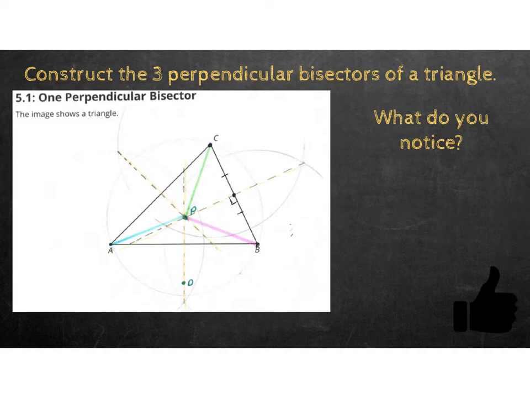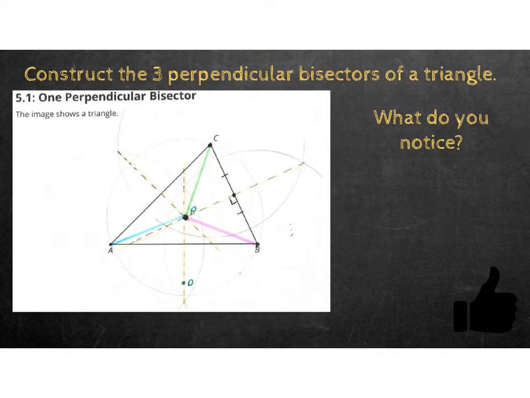So if we went through to all three sides of our triangle and constructed the perpendicular bisector, we'd get the three dotted lines that you see that I highlighted in yellow. So now we see those. They all intersect at the same point. This is point P. That's what we meant on the previous screen about being concurrent.